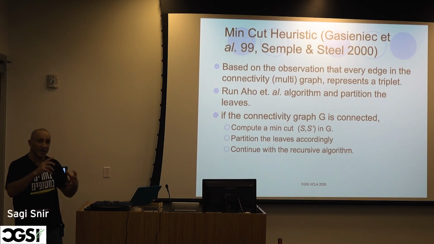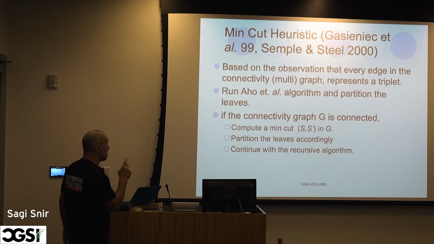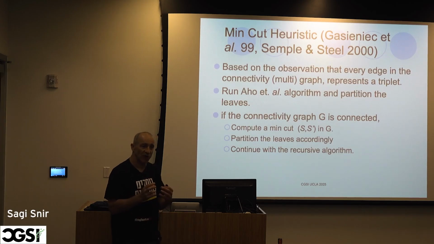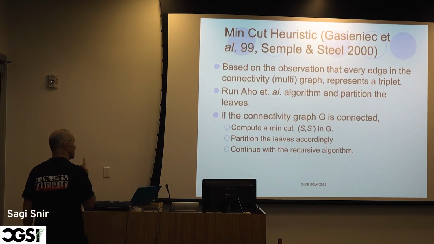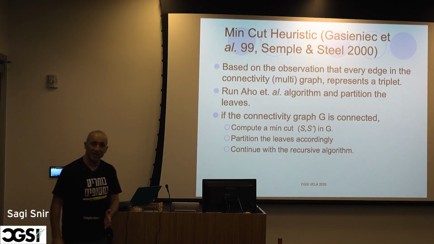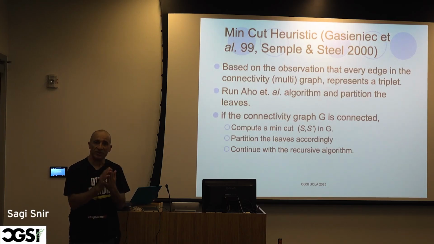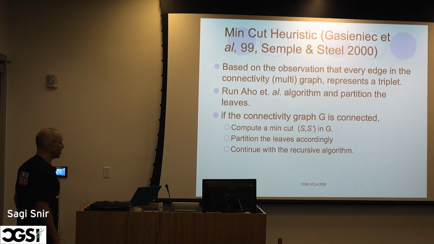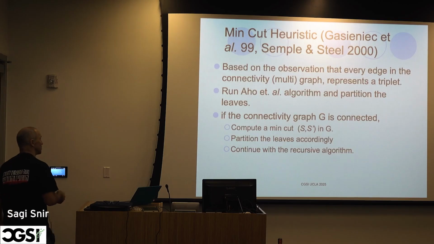If we get stuck in one component, we compute a min cut. We want to cut that graph such that we violate the least number of triplets. And then once we cut it, once we partition that connectivity graph, we have two components, and we can proceed, reiterate with that recursion.